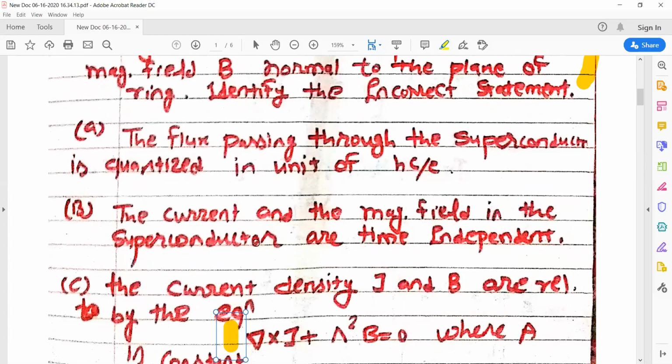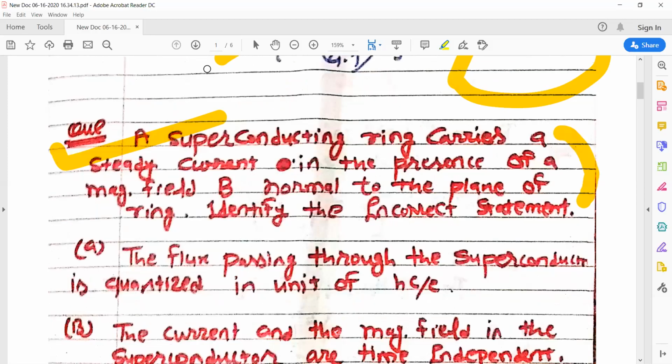Anybody know the answer? If they know, they can write in the chat box. Somebody has given the answer, Charmi Mehta. If anybody knows, please give the answer.